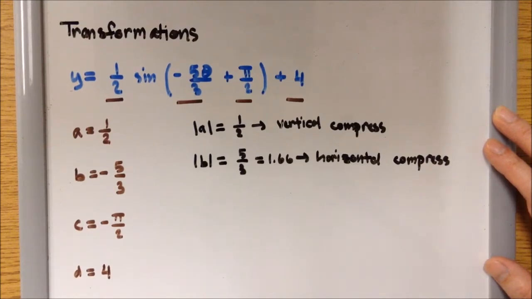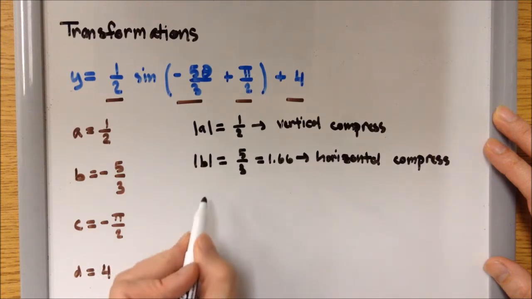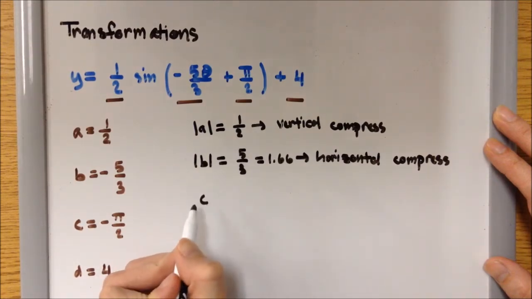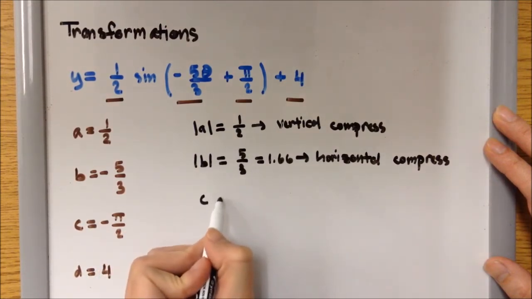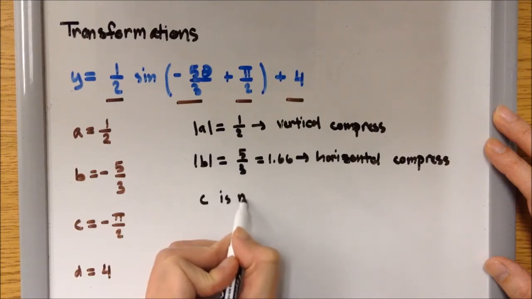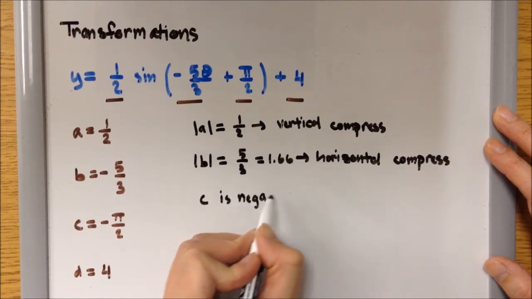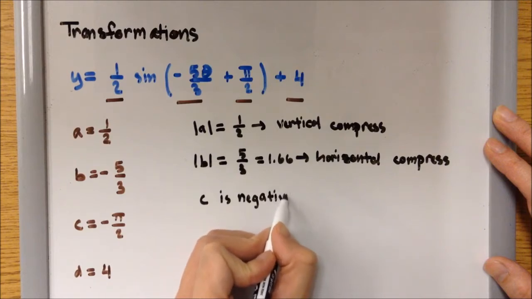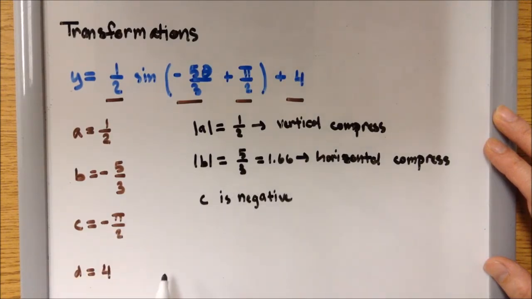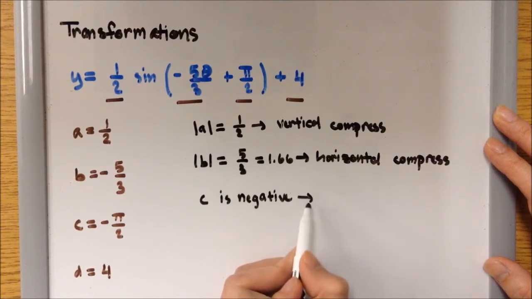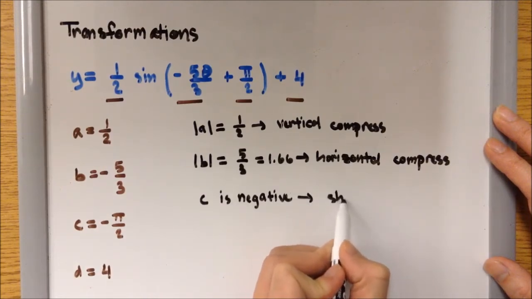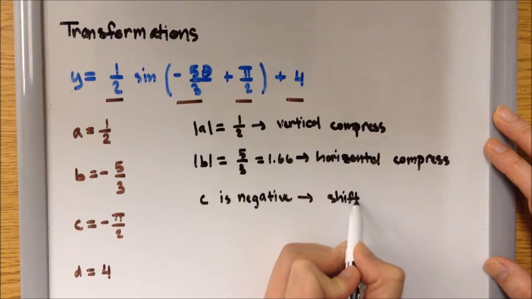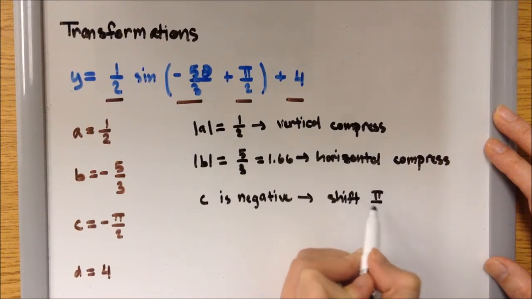Now, let's talk about our C value. Since C is negative, when I pull it out and solve for the C value, it's going to shift pi over 2.